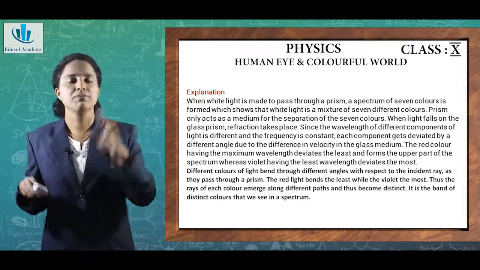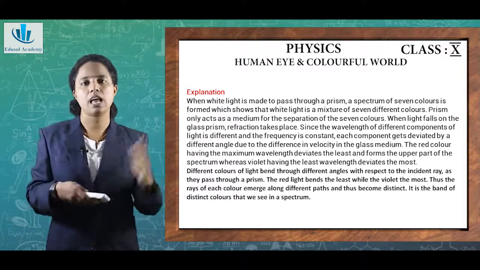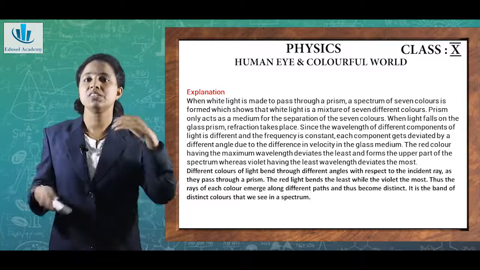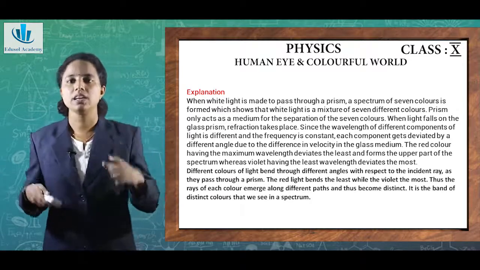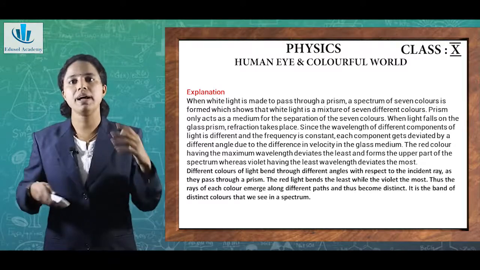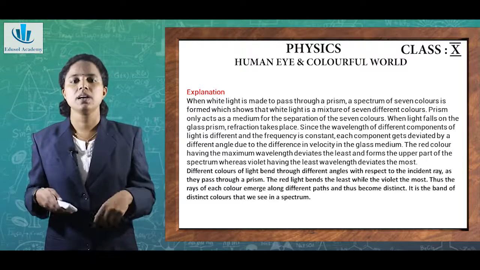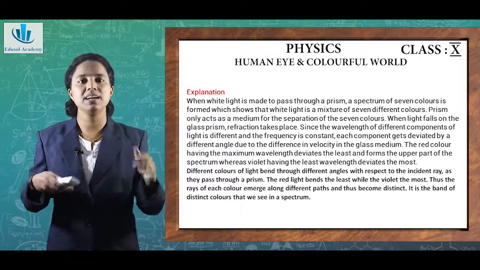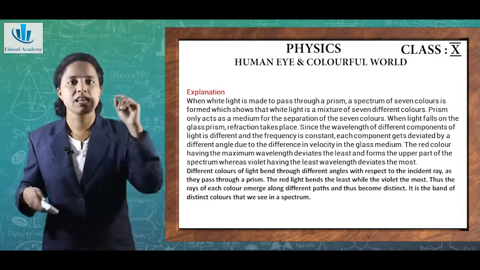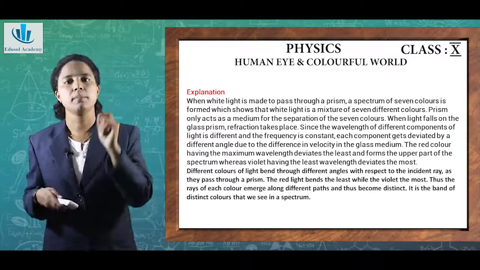So the different components of light, that is violet, indigo, blue, green, yellow, orange and red, each individual color has a different wavelength, and they go through a different angle inside the glass prism, that is, bend or deviate at a different angle. So red, which has the maximum wavelength, will deviate the least and forms the upper part of the spectrum, whereas violet, which has the least wavelength, will deviate the most.